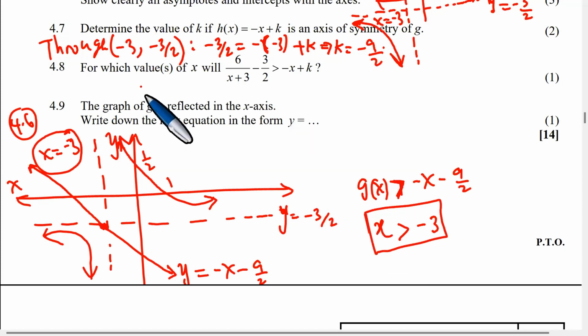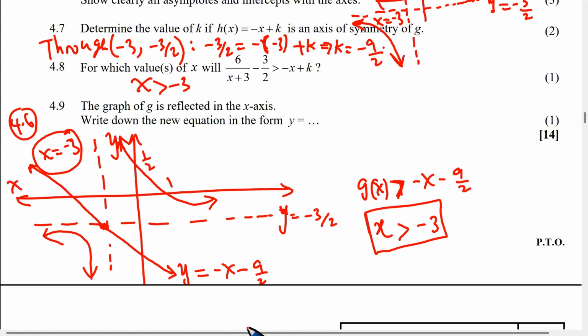This is the answer to this. So x is bigger than -3. When you go to the right of -3, this graph of G is above and this straight line is below. So yeah, that is the answer. When x is bigger than -3, the graph is above and the straight line is below.